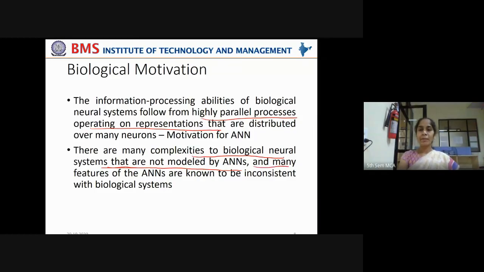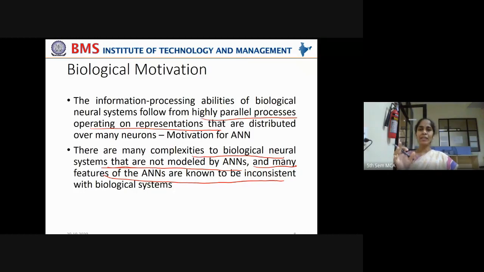Okay, and many features of artificial neural networks are known to be inconsistent with biological systems also. Sometimes, say, you are giving multiple inputs, you are getting a single output. You are giving a single input, you are getting multiple outputs. Not a single input, but a smaller number of inputs, but you're getting a larger number of outputs.